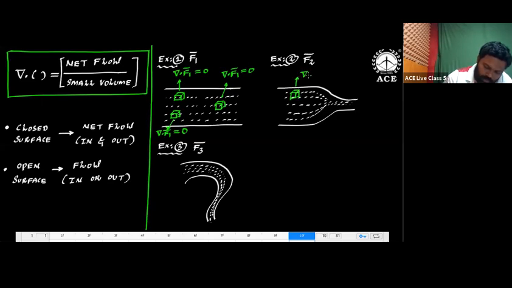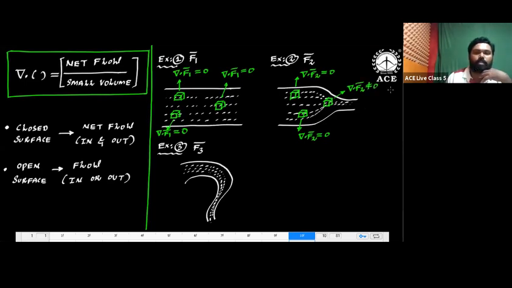So divergence of F2 is equal to 0. If I place some small piece of a box, how many lines are entering? 1, 2, 3, 4, 5 lines. How many lines are leaving? 2 lines. So what is the divergence of F2? Is not equal to 0.